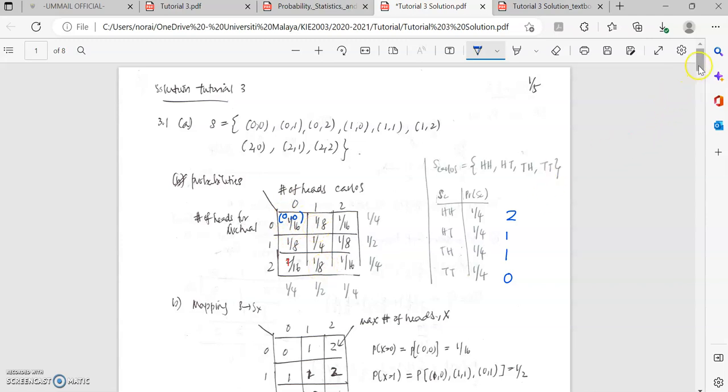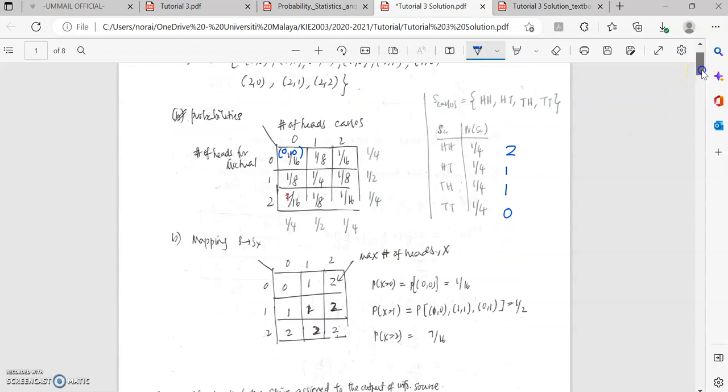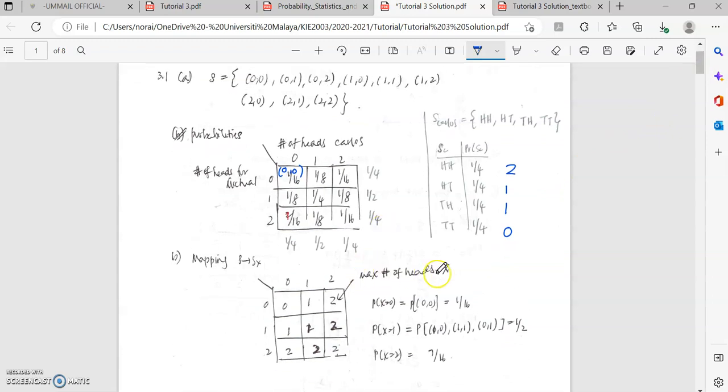Okay, so X is the maximum of the number of heads. That's the question given, and you were asked to find the distribution for this. So these are all the outcomes: 0, 0, 1, 0, this is 2, 0, for Carlos and Michael.